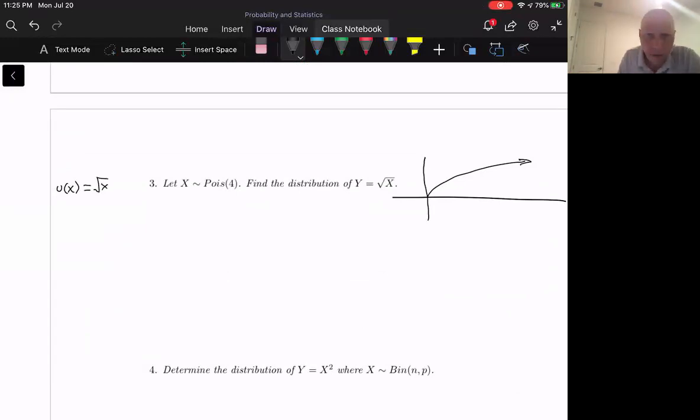And if you solve for x, you get v of y equals what? If you solve for x here, what does x equal? y squared.